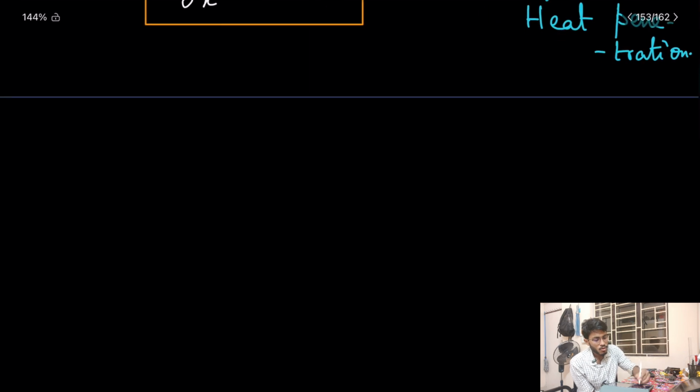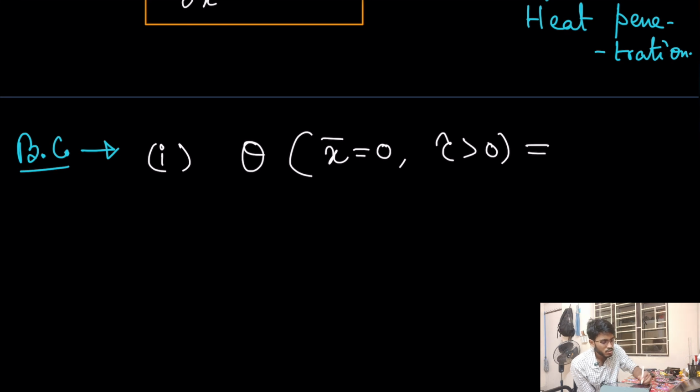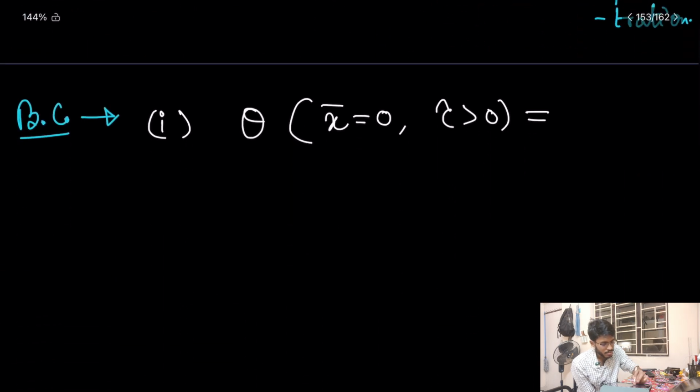Fine. Now let me write the boundary conditions. Firstly I will have theta at x bar equal to 0 for tau greater than 0 equal to, neither 0 nor 1, it will be T1 minus T infinity by T ref.